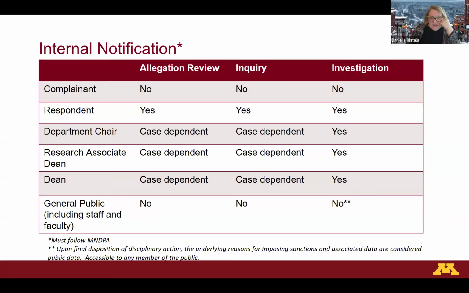The research associate dean is again case dependent, always after the outcome of an investigation. Same with the dean. And we do not notify the general public. We're not putting anything in the newspaper at any point. Now, if somebody was found guilty of engaging in research misconduct and a disciplinary action was taken by the university, once there's a disciplinary action taken, that information becomes public. But we don't make the disciplinary action happen. We just recommend disciplinary actions.